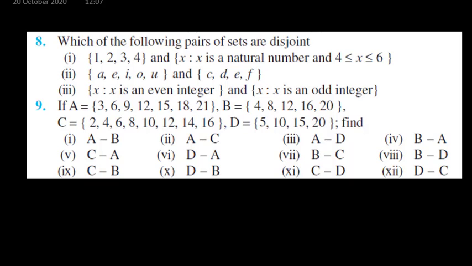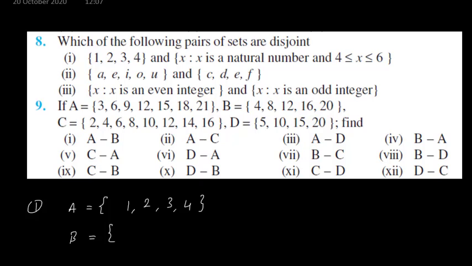Okay, so in the first problem, let us take A as 1, 2, 3, 4 and B is defined as, it is a set of x where x is a natural number and x is greater than or equal to 4.